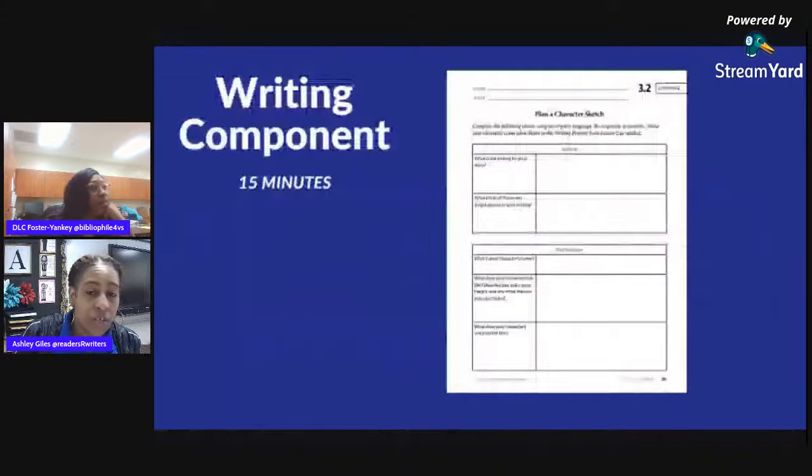And in a previous reading lesson, they talked about the descriptive characters within Treasure Island. So for this activity, they're going to refer back to 3.2, where they jotted down their character descriptions and information about their character.